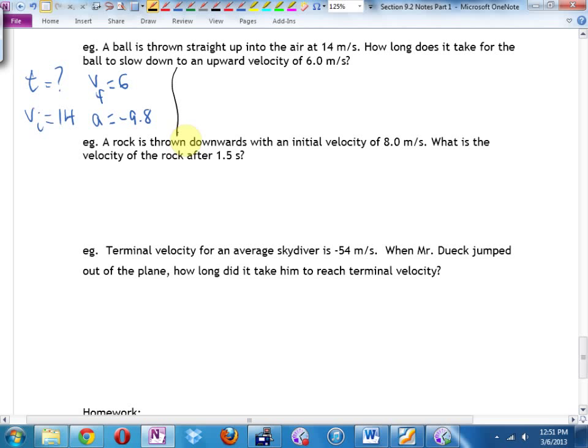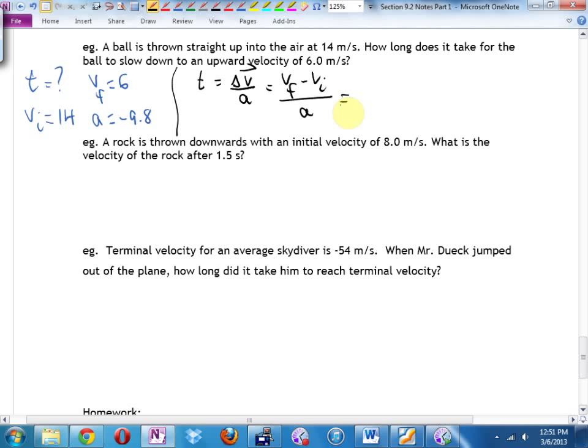Change in velocity over a, so it's going to be v final minus v initial all over a.